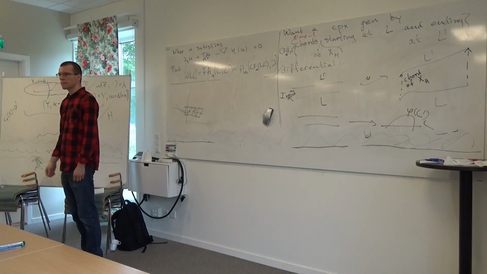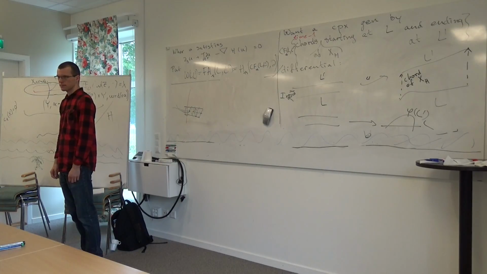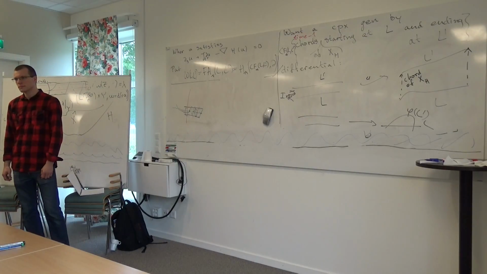But then you still have a problem: first of all, you don't have invariance under non-compactly supported Hamiltonians, even if they're conical at infinity. This is what Laura was drawing. And the second problem is if your ends are not disjoint, then you don't know.